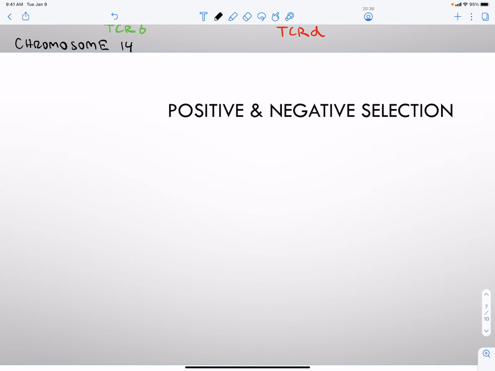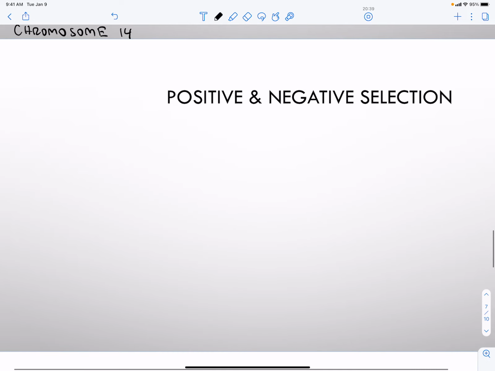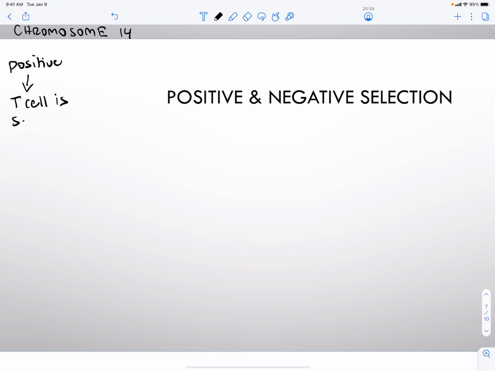Okay, so let's talk about positive and negative selection. When you think about this, you want to think about it in terms of the actual T cell. So, positive selection means a T cell is selected for its MHC1 or MHC2 recognition.